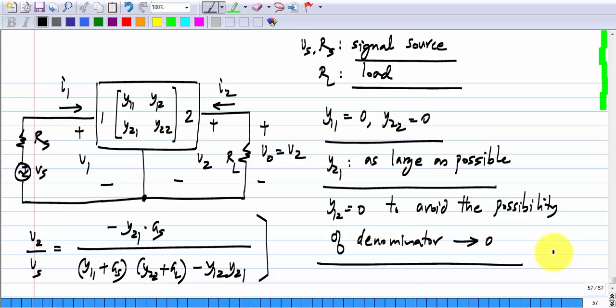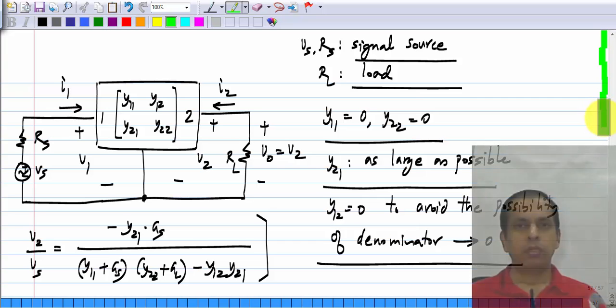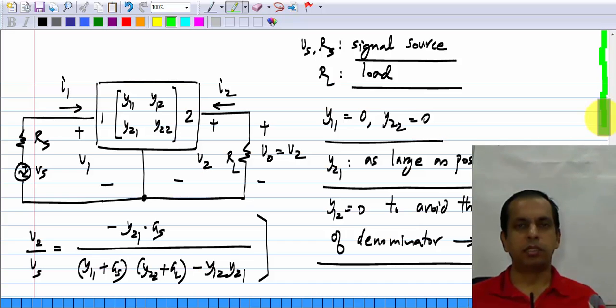So, from this we have to infer the large signal characteristics of the 2 port. Remember, we have not taken any specific device, any particular amplifying device. We just assume that the device is described with currents as functions of voltages and derived the constraints on the incremental parameters.